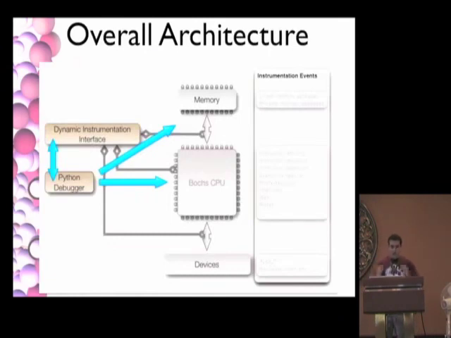As a general overview of what Bochs looks like, it emulates the CPU and the subsystems, and it exposes a series of events that you can register for regarding memory and CPU processing: fetching instructions, decoding instructions, executing, then memory accesses, and then hardware input-output.